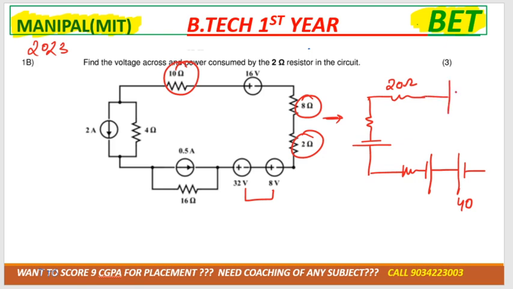And then we'll have this 16 volt battery. V is equal to I into R, so it is 8, right? 16 into 0.5 is 8 volt, this is 4, so I into R is 8 volt, right? Up to here any problem?